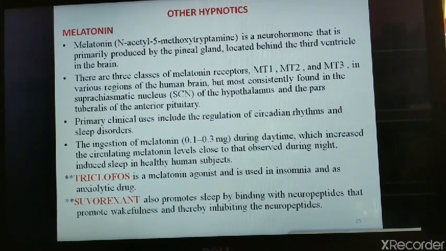The last drug is suvorexant, and suvorexant also promotes sleep by blocking the neuropeptides called orexins, which are found in the lateral hypothalamus and promote wakefulness by acting on orexin 1 and 2 subtypes of their receptors.